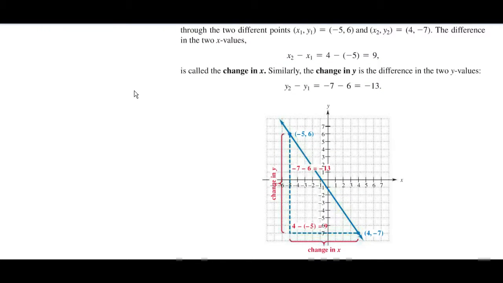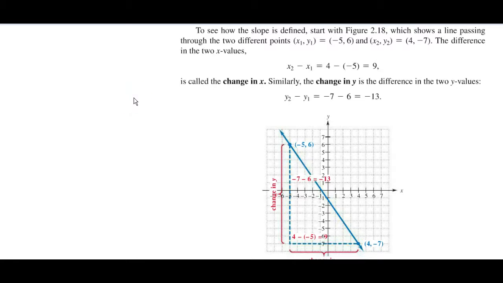Now, there is a general formula for slope that I'll write here, and would be one of the formulas, that m equals y sub 2 minus y sub 1 over x sub 2 minus x sub 1.